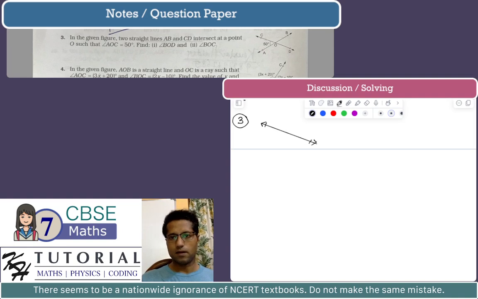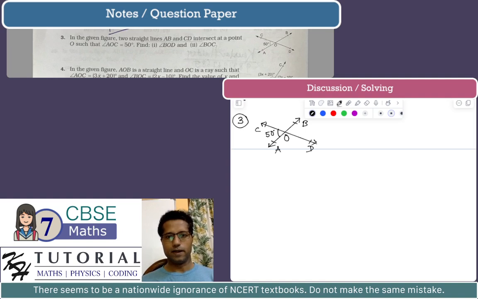This is CD, and we have AB, BA intersecting at the point O. This angle is given to be 50 degree, angle AOC.